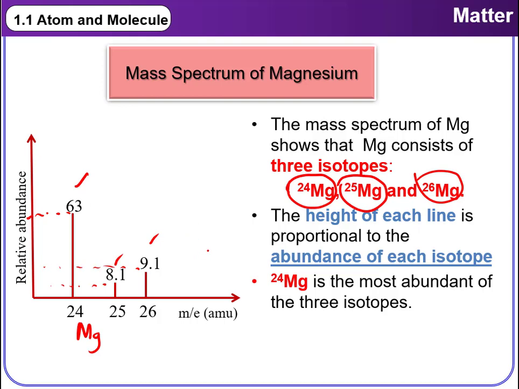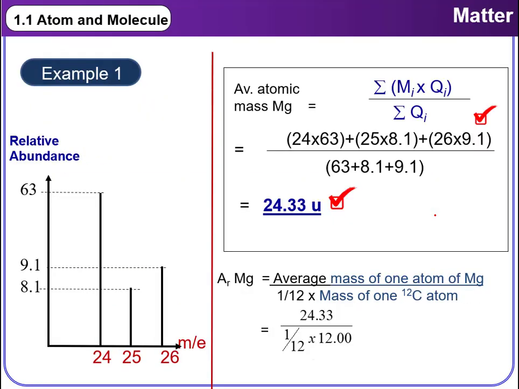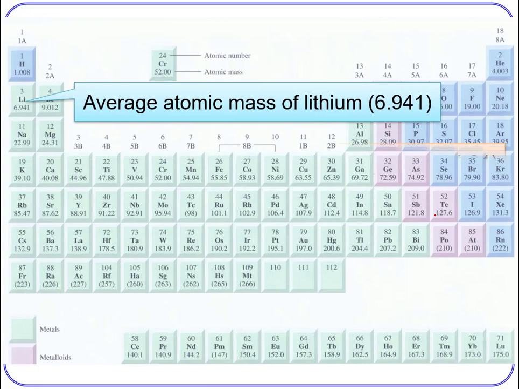The height of each line is directly proportional to the abundance of each isotope. Since magnesium 24 has the highest peak, di sinilah kita tahu magnesium 24 is the most abundant. My question is, which of this magnesium do we take to put in the periodic table?